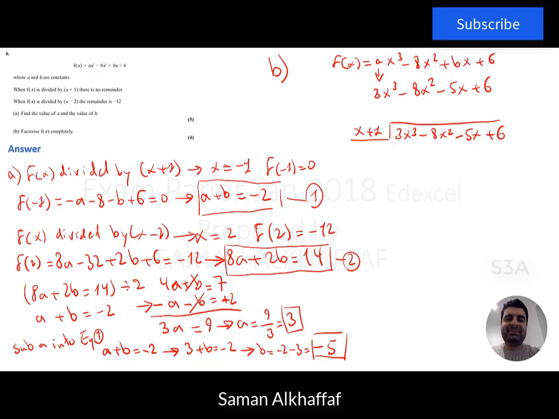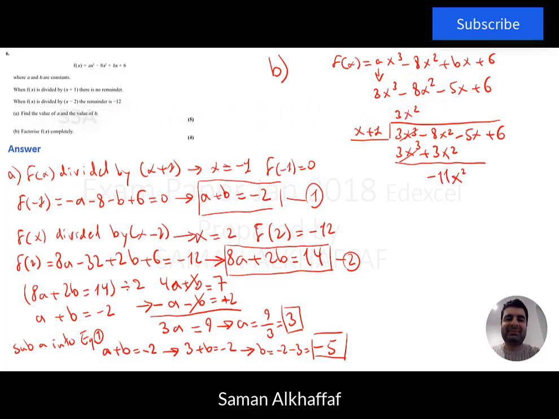If we multiply the x plus 1 by 3x squared, that gives us 3x to the power 3 plus 3x squared. That eliminates the first term, and by taking away from each other, that gives us minus 11x squared.